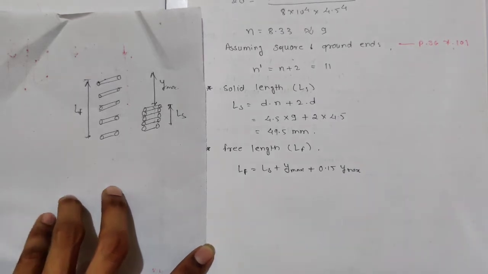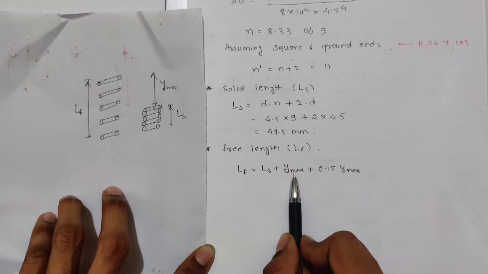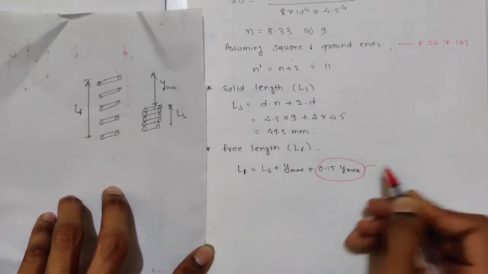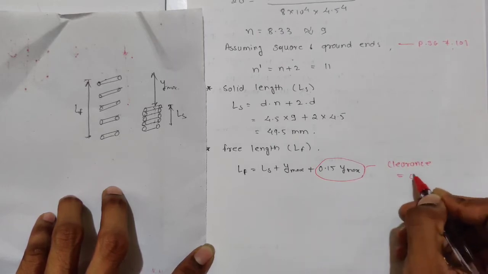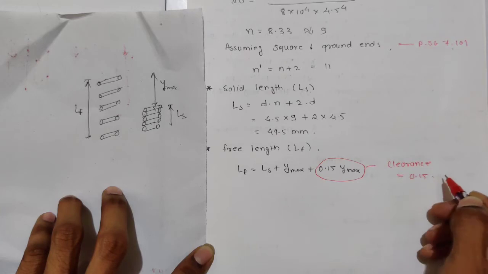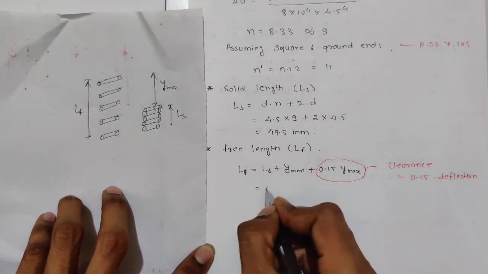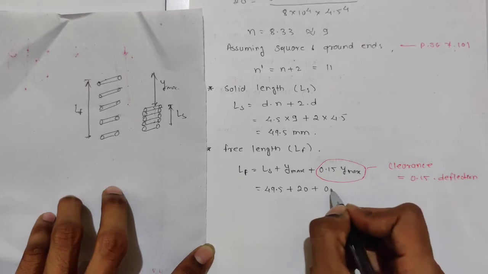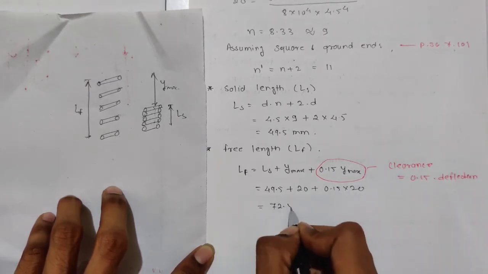So LF is solid length plus maximum deflection plus this term, which is nothing but the clearance, equal to 0.15 of the deflection. Right, so we have LS as 49.5 plus Ymax as 20 plus 0.15 into 20, so you will have 72.5.